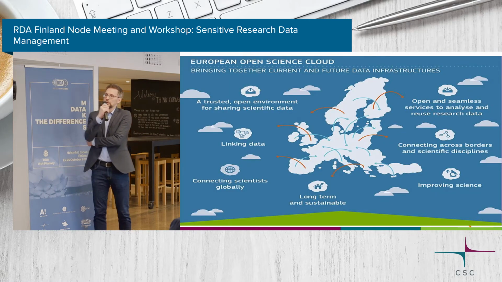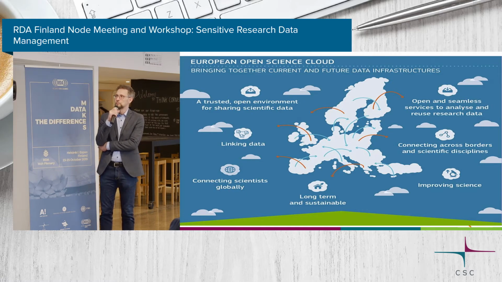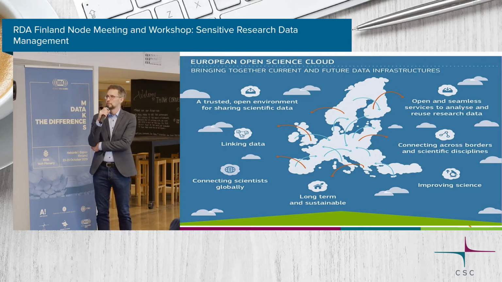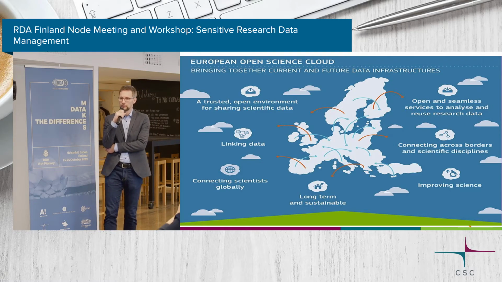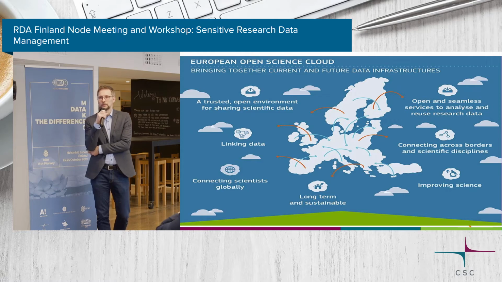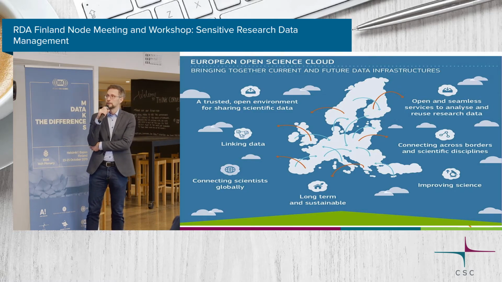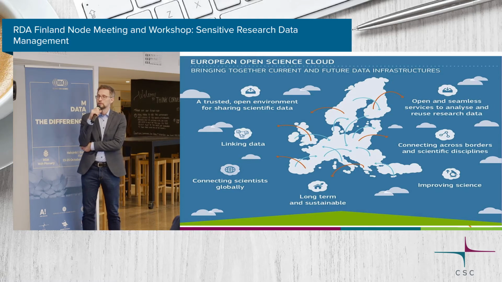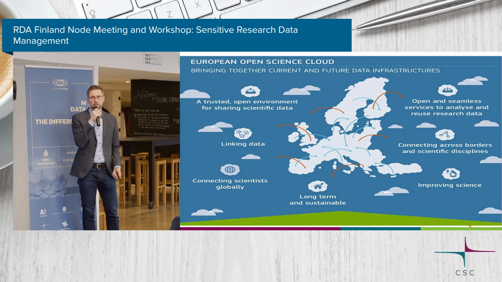And then I'll show an example on the European level. The European Open Science Cloud was mentioned already by Heidi. This is a very large initiative driven by the European Commission, and here the idea is to bring together data and data infrastructures and also computing infrastructures.